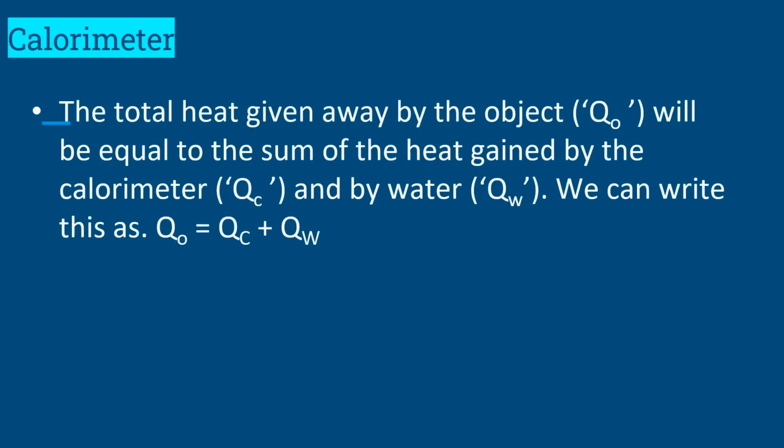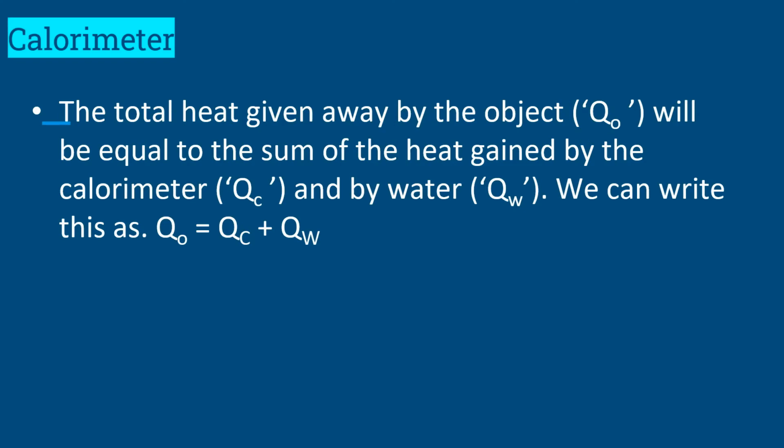So depending on the initial and final temperatures and the heat taken and the heat given, the total heat given away by the object is Qo. Since the object is at higher temperature, it gives out heat, and the heat gained by the calorimeter is Qc and by the water is Qw.